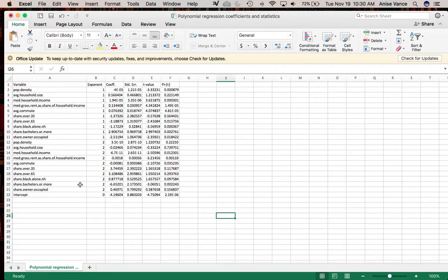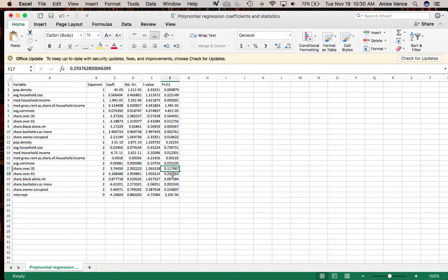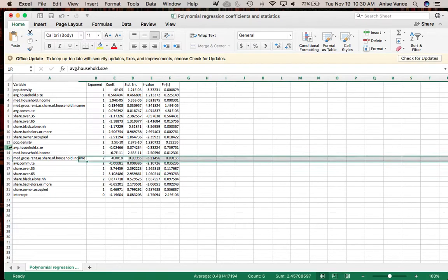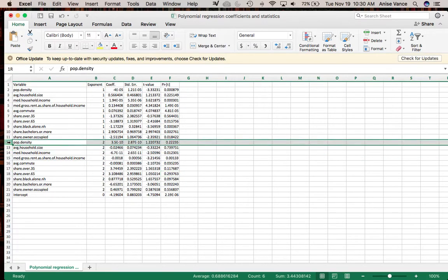And then the polynomial regressions, this is a result of just the regressions that we saw that were linearly related. We did see some shifts here. So we see that share over 35 and share over 65 are likely not related under the exponent 2. And so that was helpful, but there were some here that continued to be related even in a polynomial regression. So median household income, median gross rent, average household size was not, population density was not, share black alone.